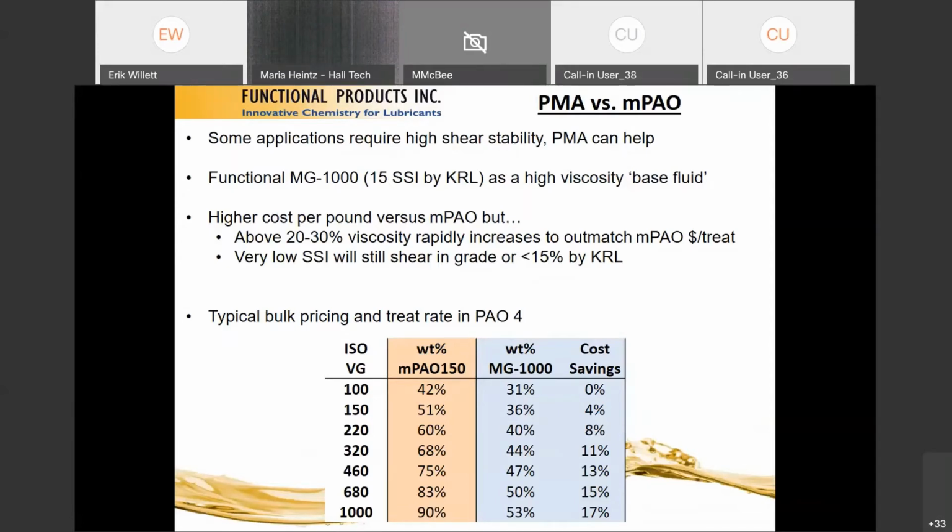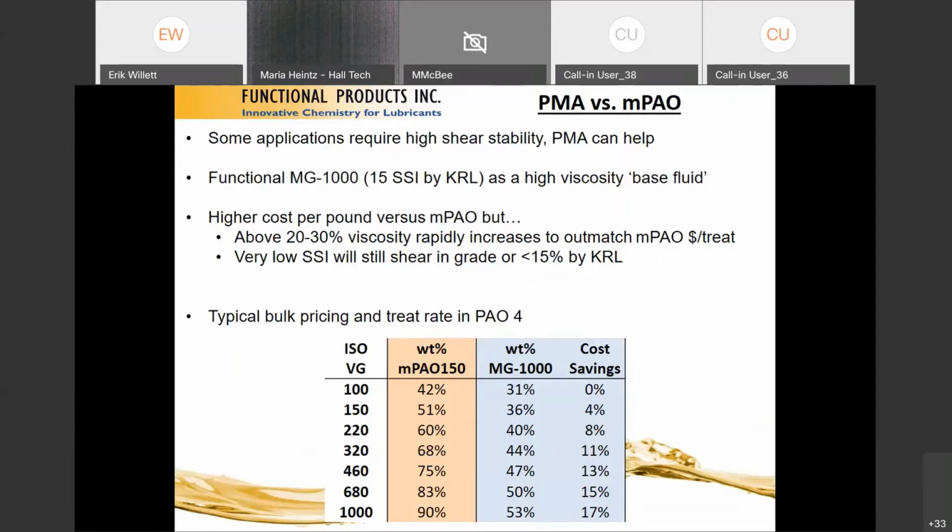So yes, you can make a product that has virtually no shear, but the specification is letting you dial that back up to a shearing grade or up to 20% shear loss. Some specs say 15% loss or less, but essentially the same thing.